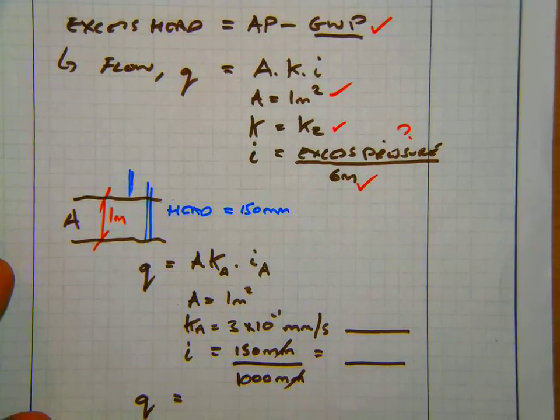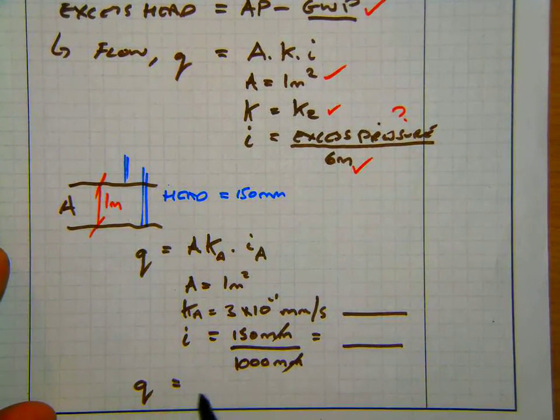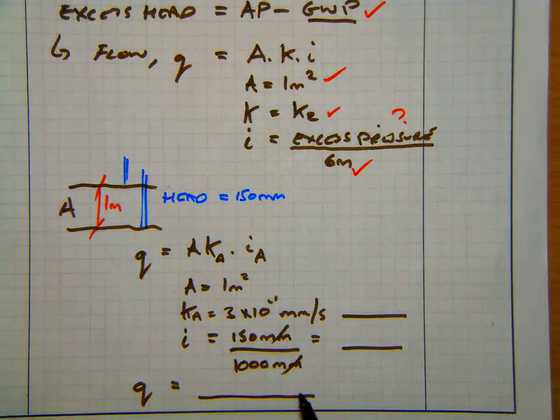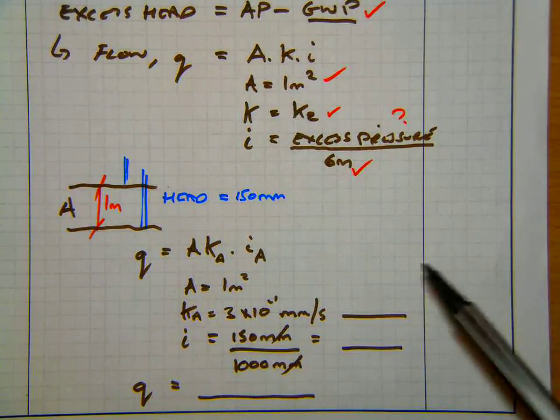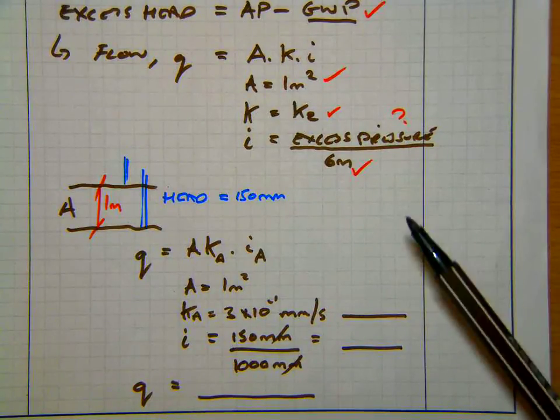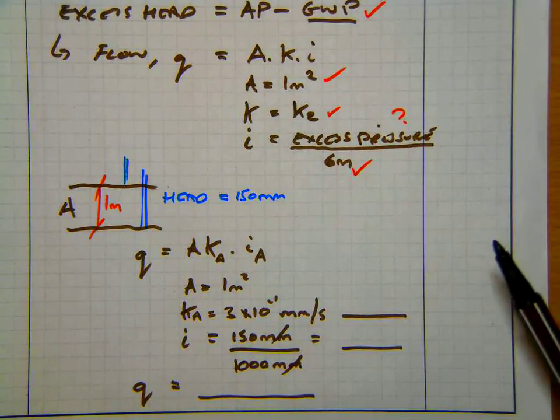Once we've got Q, that is the same Q that is going through the whole strata, and we can use that then to work out our excess head for the whole problem.